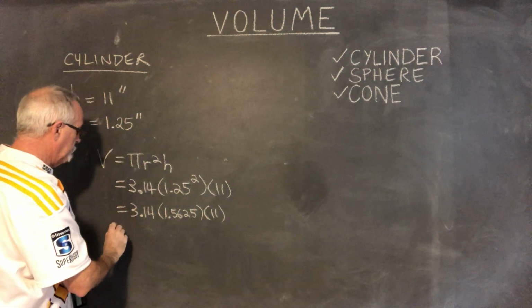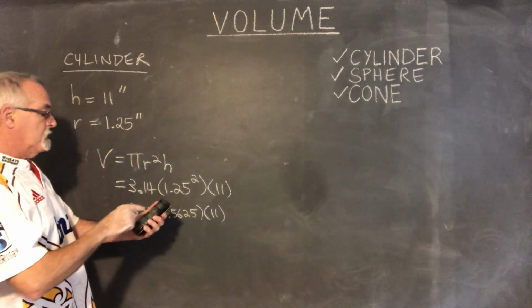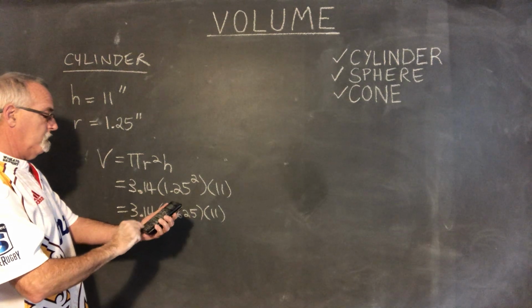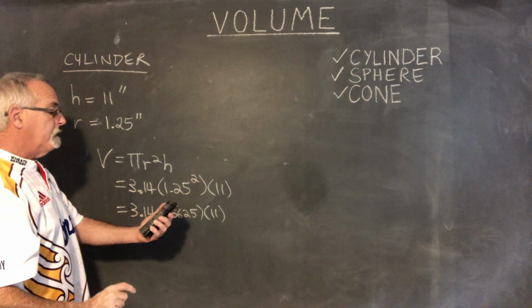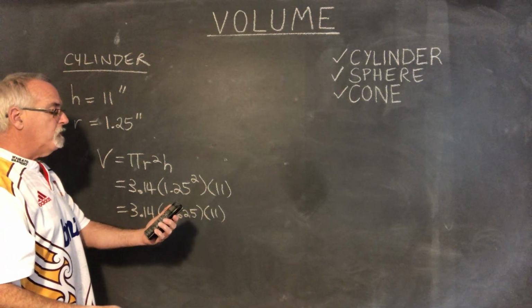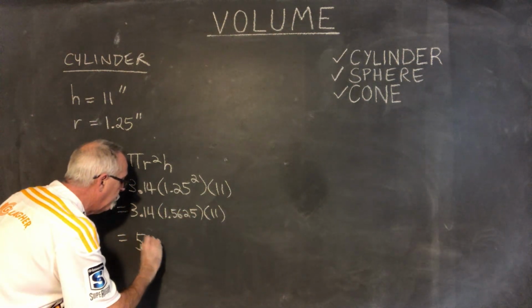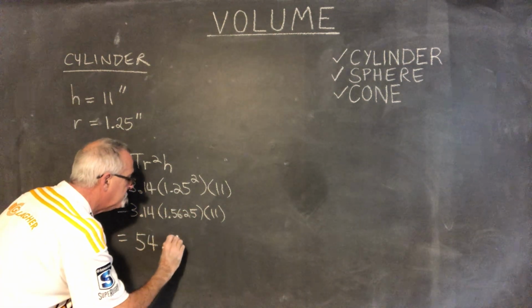At this point I just have to multiply. So the 1.5625 is still sitting in there, times 11 times 3.14 equals 53.96. I'm going to call it 54. So I'm rounding to the nearest unit. 54 inches cubed.